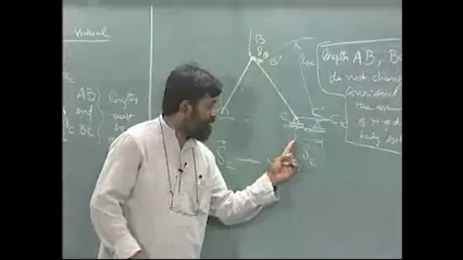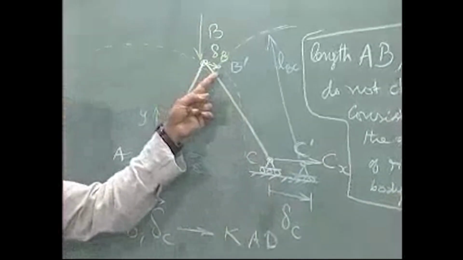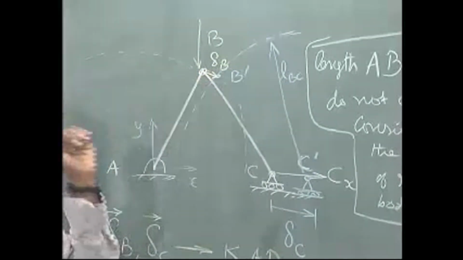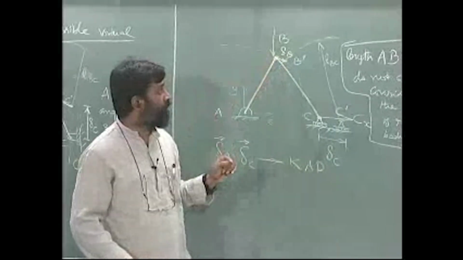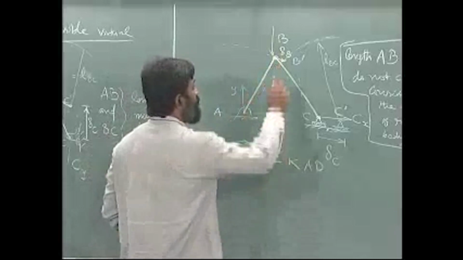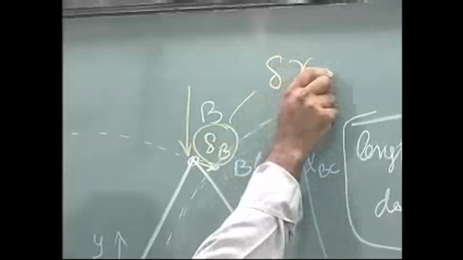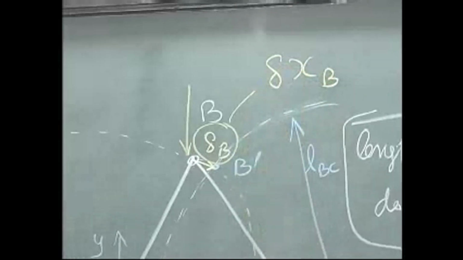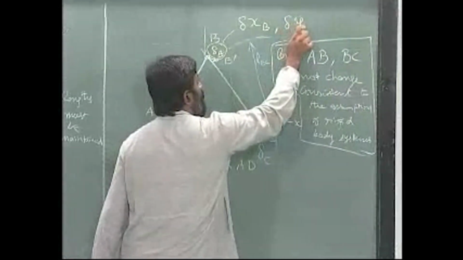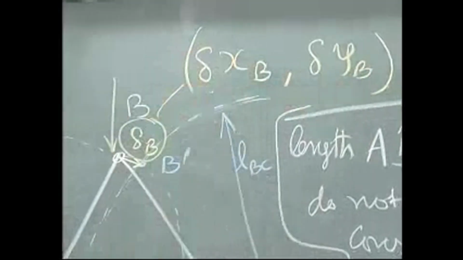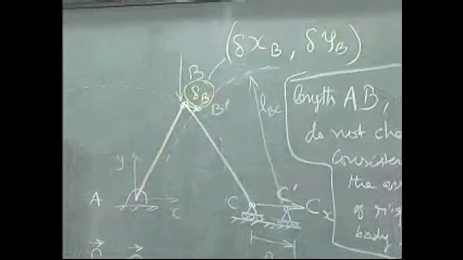In this case, the direction of delta C is indicated here. Similarly, you will find the direction to be this. If you are correct, you will find the displacement to be this, okay. Basically this sometimes is written as delta change in the position of B, okay, delta XB and delta YB, okay. The coordinates of this can be written like this, alright.